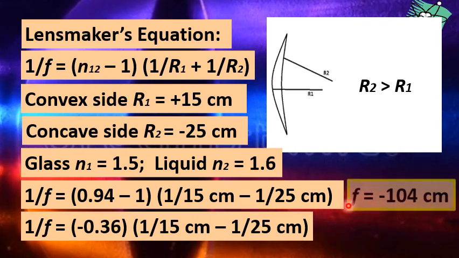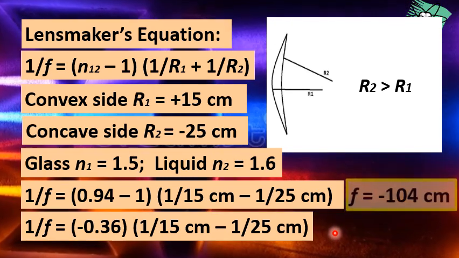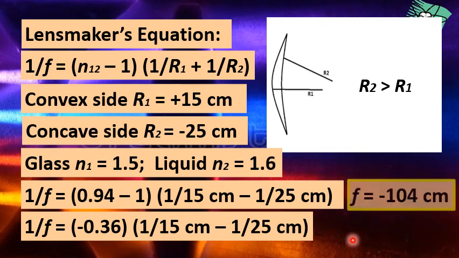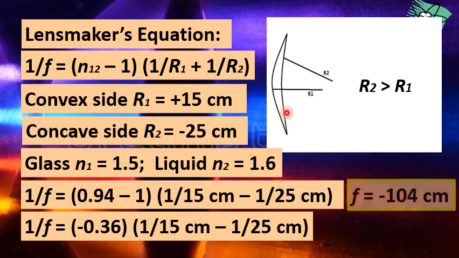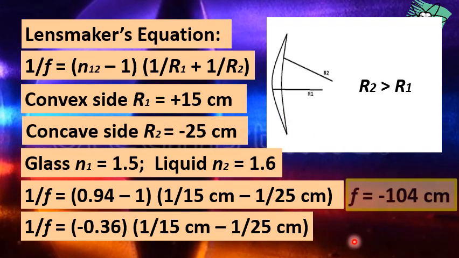So that is the explanation why one of the answers to this question is that the lens may be a diverging lens, right? Both options A and C are correct.